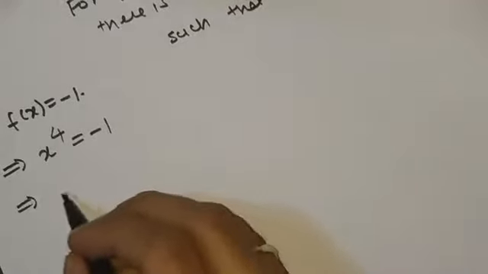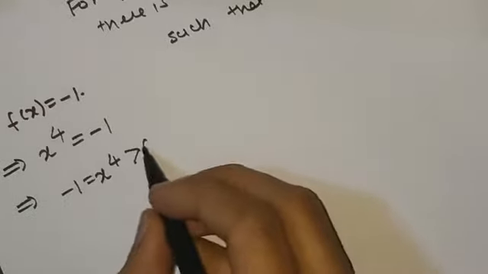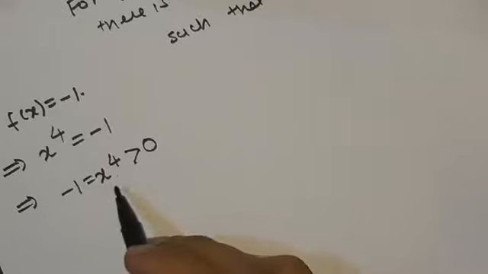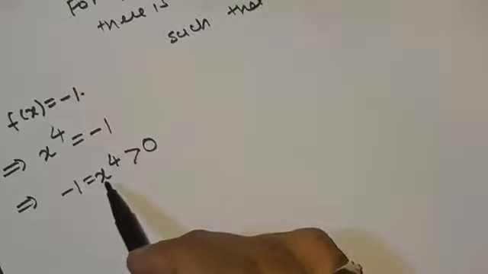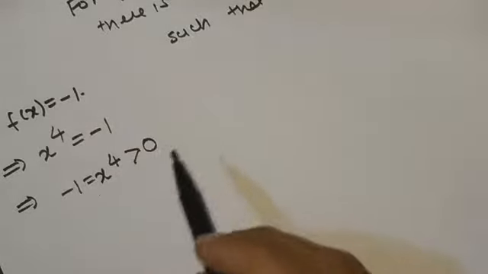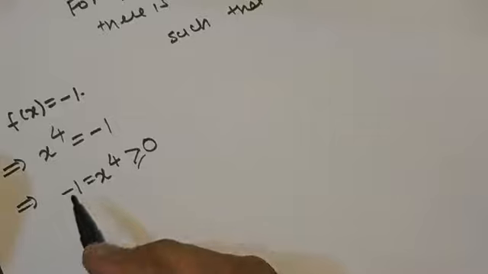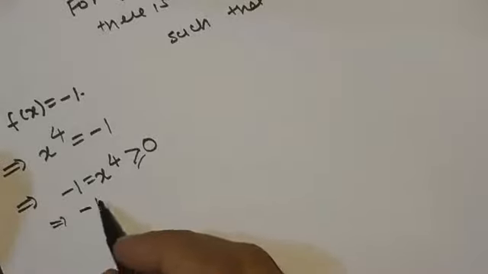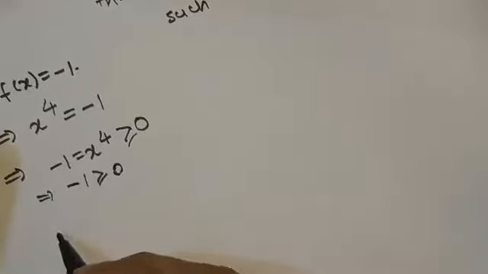So that means -1 = x^4 is greater than 0, because you know that x^4 is greater than 0 because 4 is even and x raised to any even power will be greater than 0, in fact also equal to 0. So you can see that you are getting -1 is greater than or equal to 0, which is a contradiction.